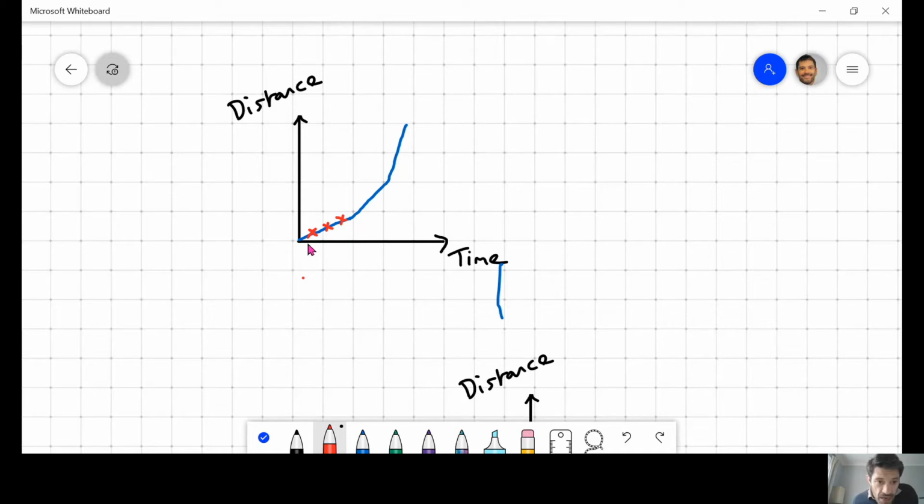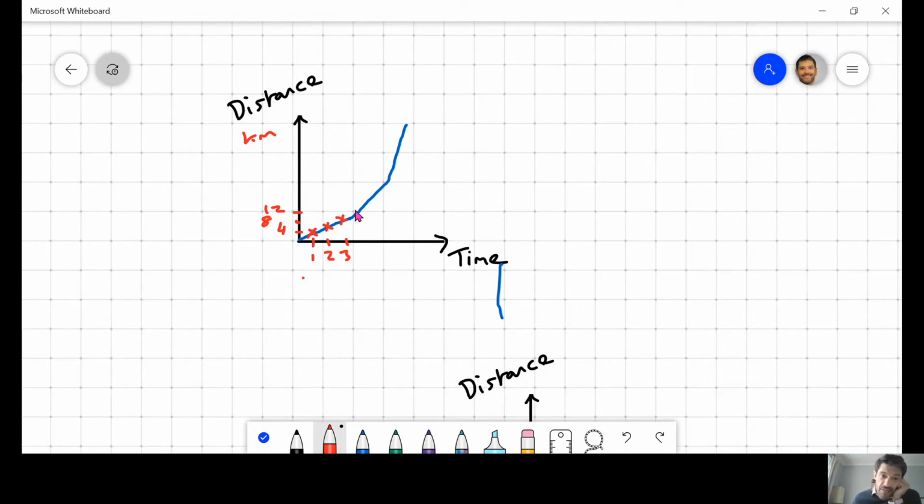So imagine here is 1 hour, 2 hours, 3 hours, and then perhaps this is 4 kilometers, 8 kilometers, and 12 kilometers. Can you see in 1 hour this person has traveled 4 kilometers? In 2 hours, they've traveled 8 kilometers, and in 3 hours, 12 kilometers. Excuse my sloppy plotting. But what we can say is that a straight line is a constant speed, always.